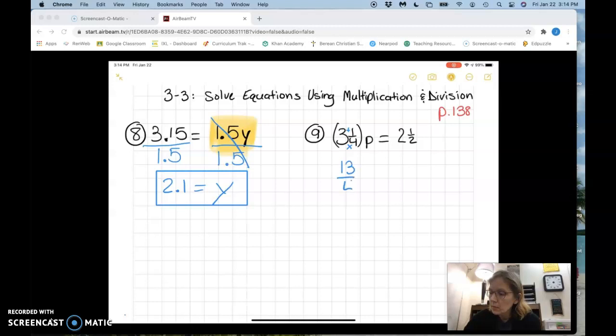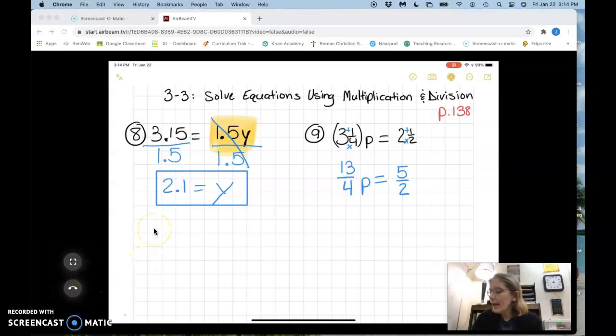Keep the bottom number the same. And I'm just going to bring the rest of the equation down and rewrite everything. And then we're going to do the same for this mixed number over here. I'm going to multiply. 2 times 2 is 4, plus 1 is 5. Keep the bottom number the same.